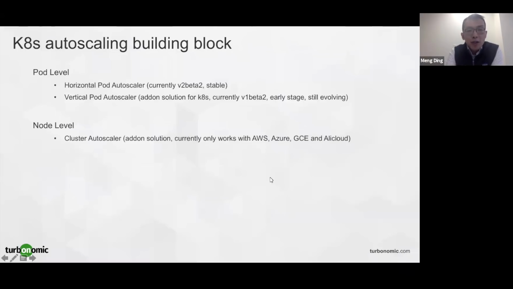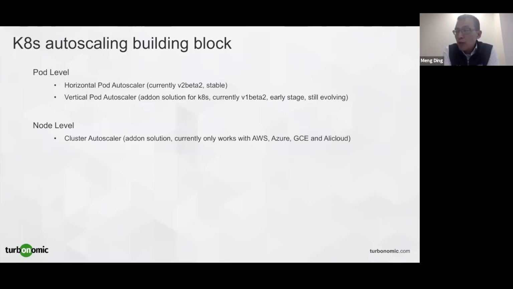As many of you must know, Kubernetes offers auto-scaling solutions on different levels. On the pod level, there is HPA, the horizontal pod autoscaler, which is the most mature and easy to enable solution. Another solution on the pod level is the vertical pod autoscaler, which is still evolving very quickly, and it's an add-on solution for Kubernetes.